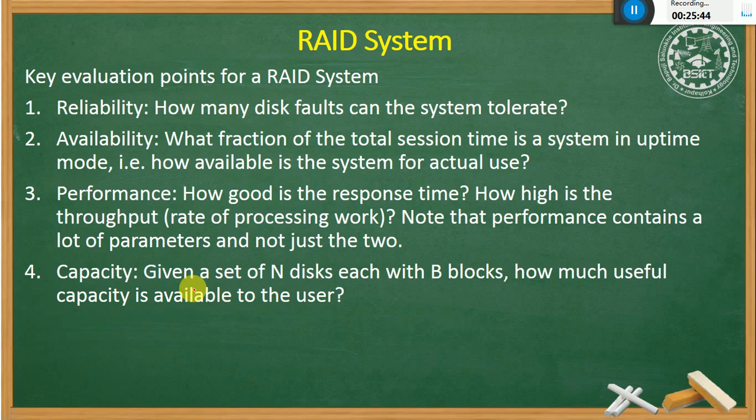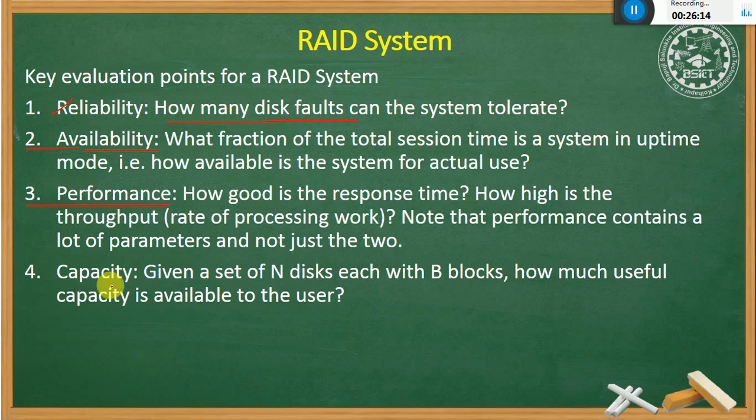First is reliability. Due to the multiple disk storage, if one disk fails, there will be no single point of failure, so it is highly reliable. Then availability: due to multiple copies of the same data being available, it can be used in parallel, so availability increases. Performance: there is no problem of failure, so it will increase the overall performance of your system.